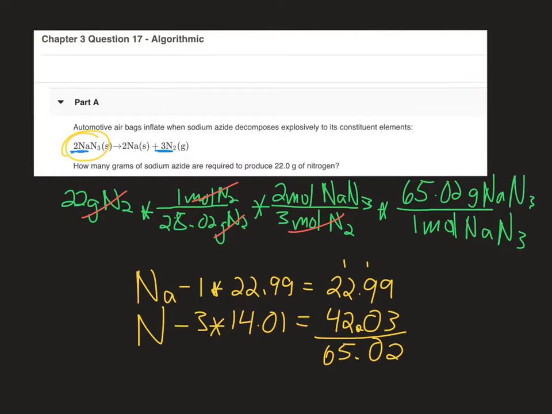And when I multiply across the top, and then multiply across the bottom, you should get an answer of 34.0, and just go 4 significant digits of 3 grams of sodium azide, as we have there.